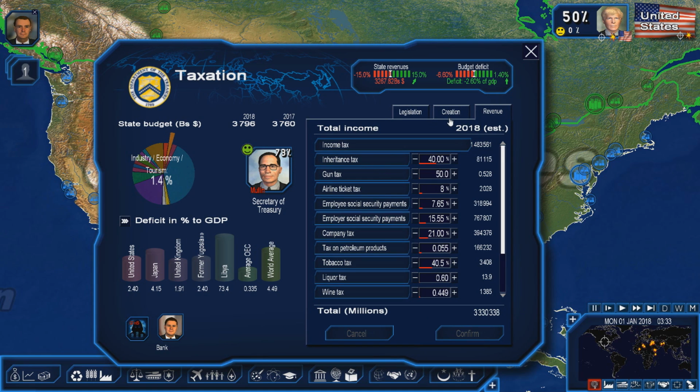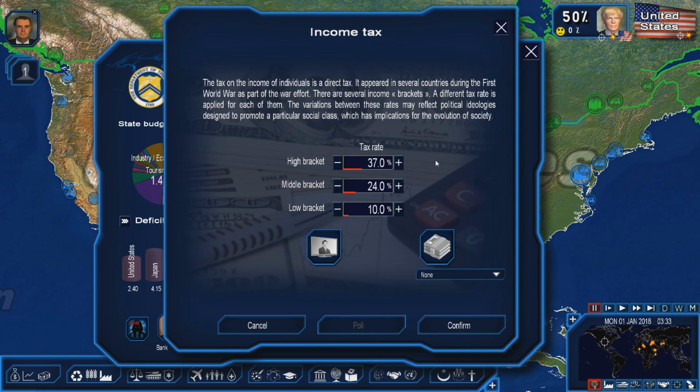Then you should try to balance your taxes in accordance with the political orientation of your country. That is, social or leftist countries impose taxes which promote equality on their people's income. So coming over to here, a socialist or leftist setup would basically have the high bracket at 50%, the middle bracket maybe 25 or 30%, and the low bracket at a very low amount.